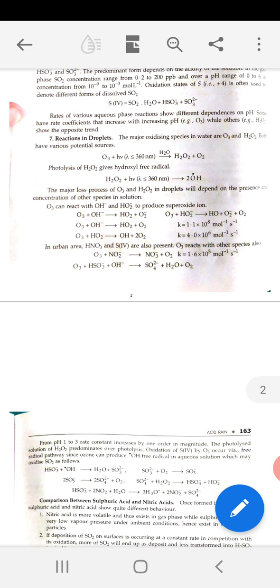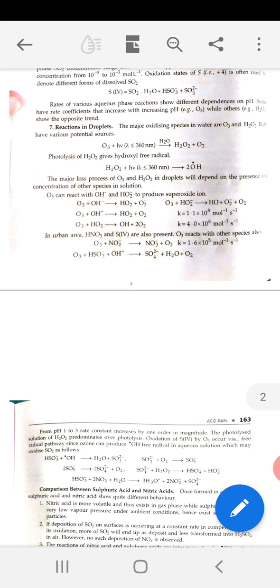So H2O2 absorbs light at 360 nm or less and is converted into 2 hydroxyl radicals. The major loss processes of ozone and H2O2 in a droplet will depend on the concentration of other species in solution.